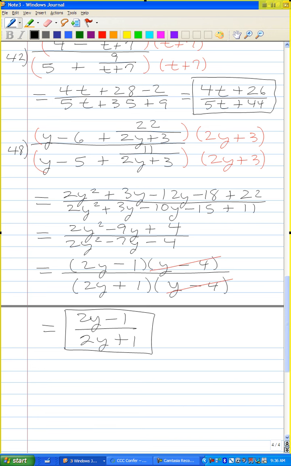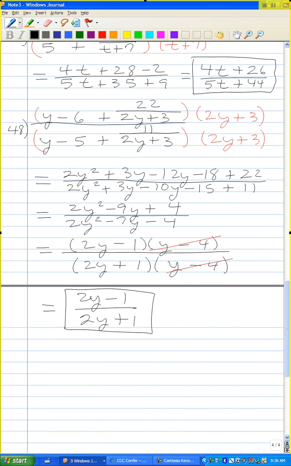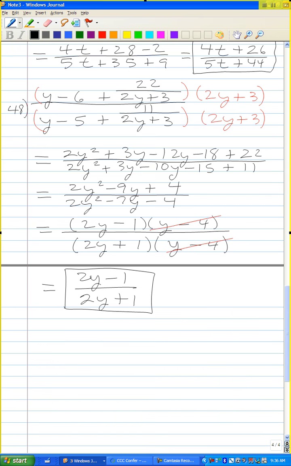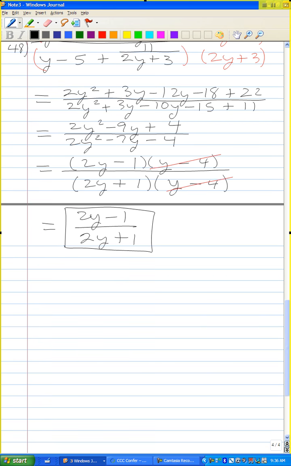Let me do problem number 60. x over x minus 2 minus 4 over x plus 1 divided by 10 minus 2x over x squared minus x minus 2 plus 1.